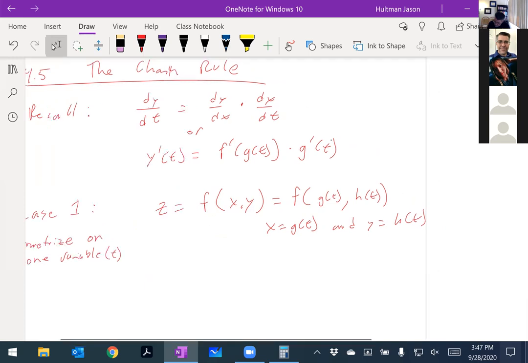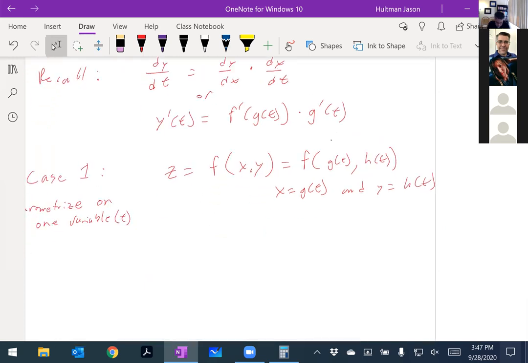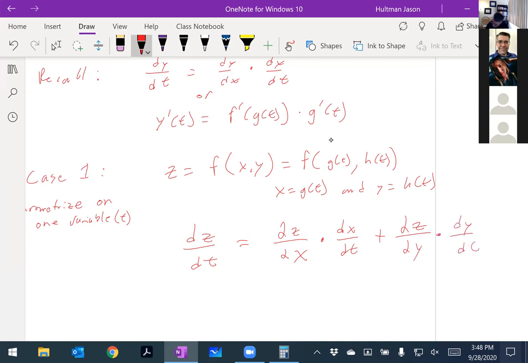Okay, then if we have this scenario, then dz/dt, the derivative of z, or z prime, with respect to t, is equal to the partial of z with respect to x times dx/dt, plus the partial of z with respect to y times dy/dt.